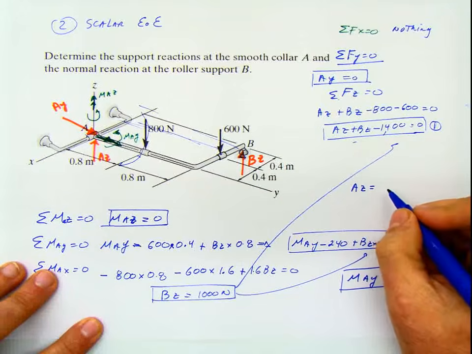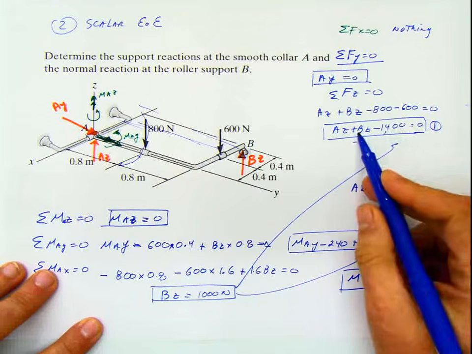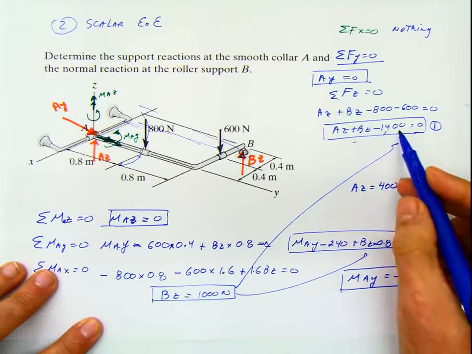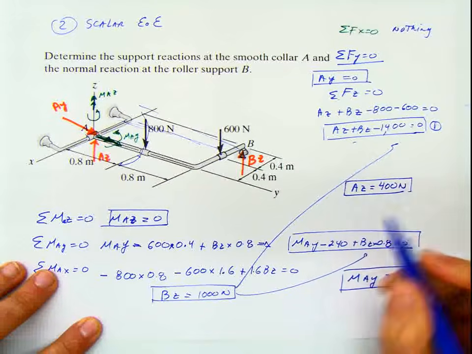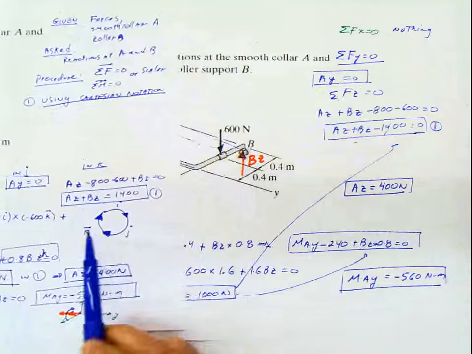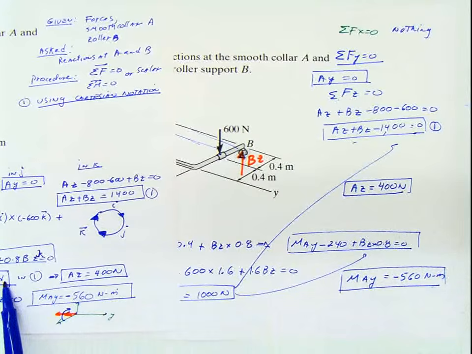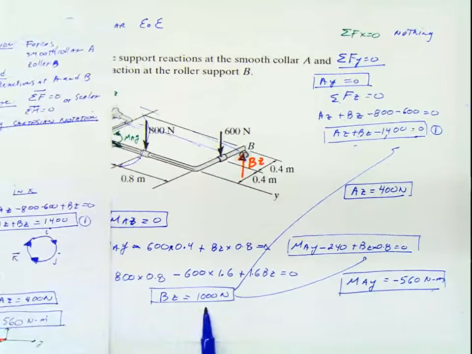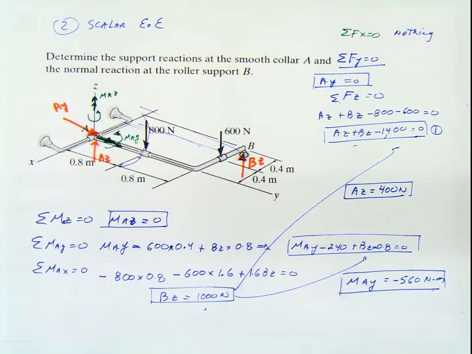Correct? Yes, 400, because it's 1000 minus 1400, which is negative 400, and when I pass it to the other side, it's going to be 400 Newton, which, by the way, are the values that we got before. 400, negative 560, BZ is 1000, and the moment is 0. So this is the other way.